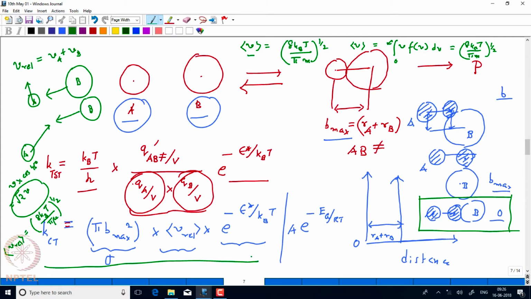Now this is true for any two structureless atoms or molecules, or the collision between them, which is a bimolecular collision. The same expression we should also get from transition state theory. But for the time being, as you can see, the expression which we have got from transition state theory is rather much more complicated, and it actually involves the partition functions.